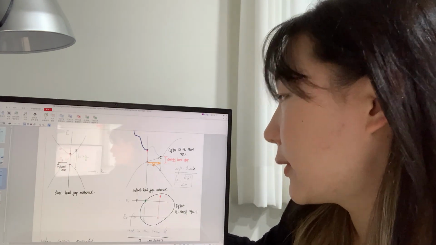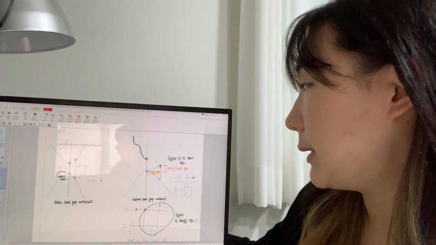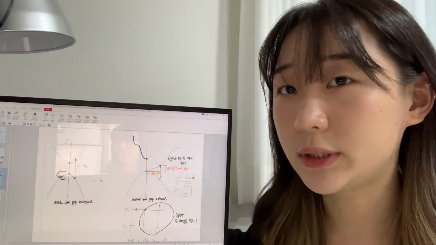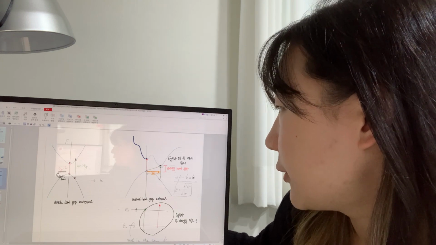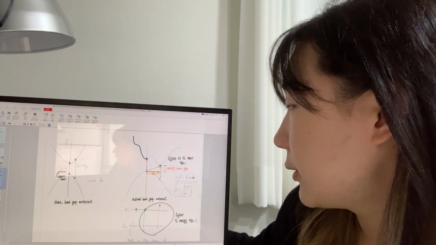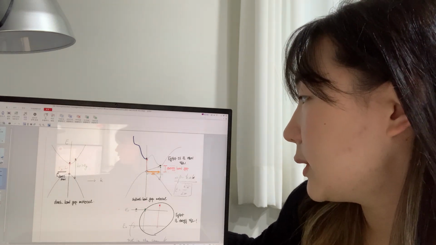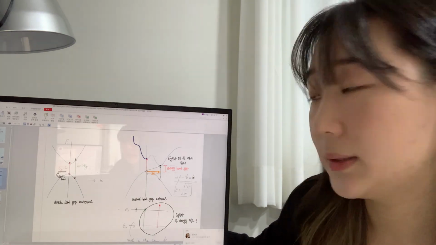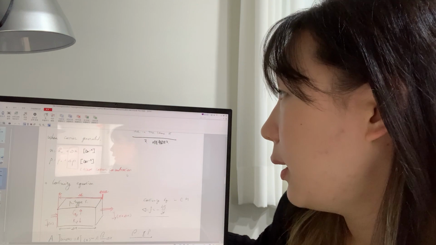But in indirect bandgap material, the energy needed is bigger than the energy gap because it is indirect. So the energy gap size is like this, and the energy we need to jump into the conduction band is like this.